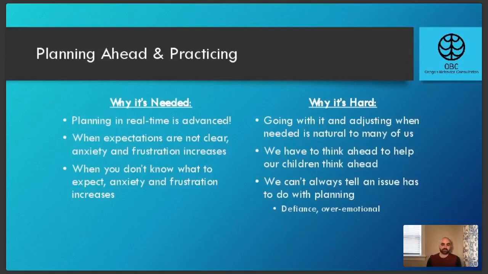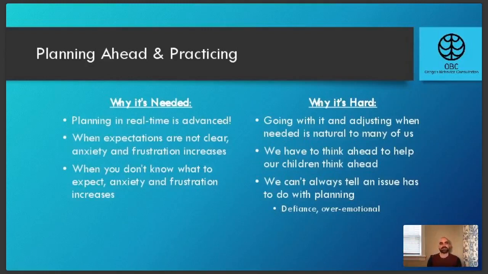Another thing that makes it difficult is that we have to think ahead. And we don't necessarily think ahead, especially when we have a routine. We kind of rely on the routine and what we do. And so we're not necessarily thinking ahead for, oh, tomorrow morning's doctor appointment. What do I need to do ahead of time to prepare my kiddo?